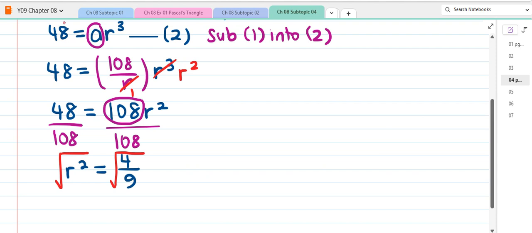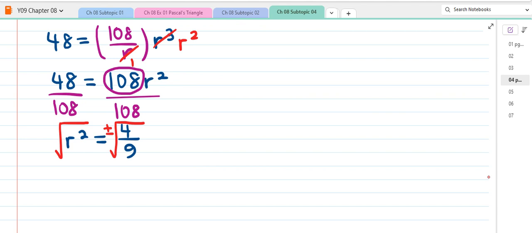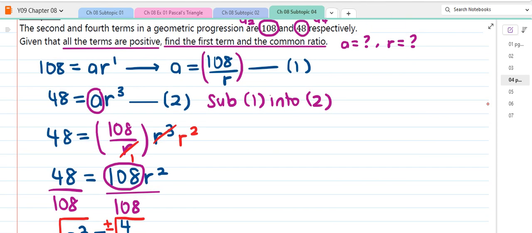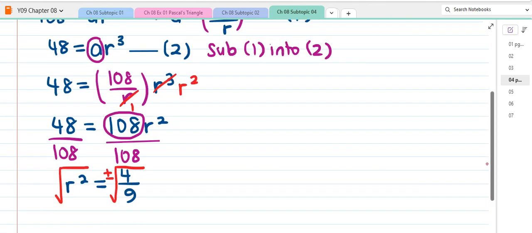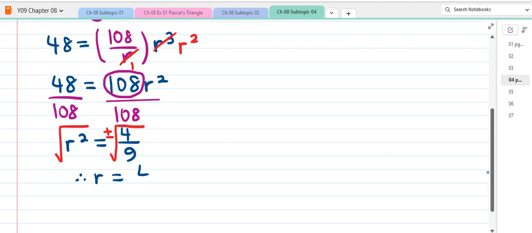By right, if you take a square root of a number, there will be a plus minus, because the square of both positive and negative numbers gives a positive number. But in this case, since it's mentioned that all the terms are positive, your R must be a positive number. So R is a positive 4 out of 9.